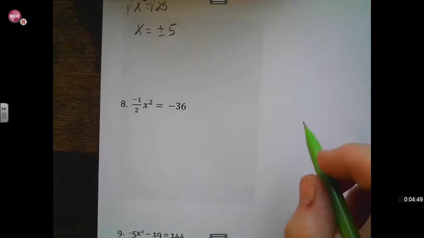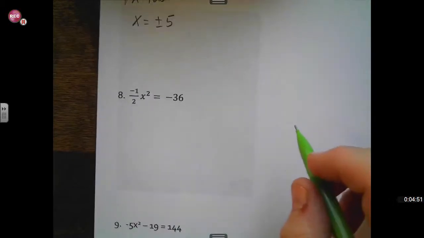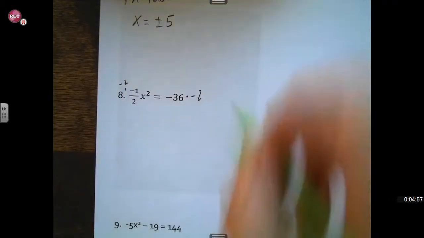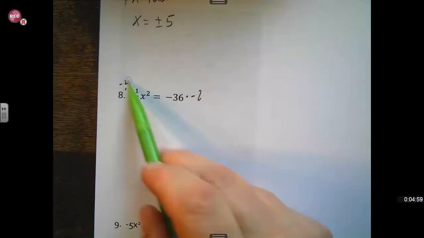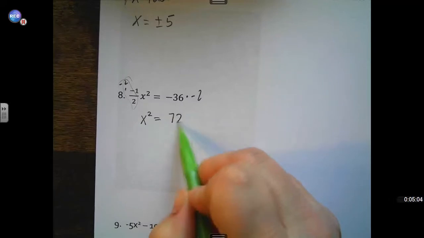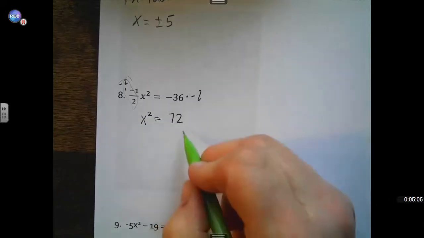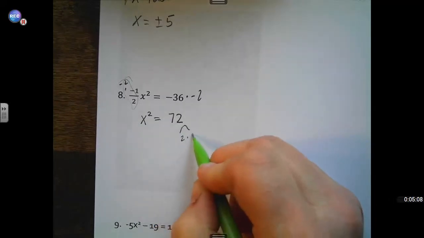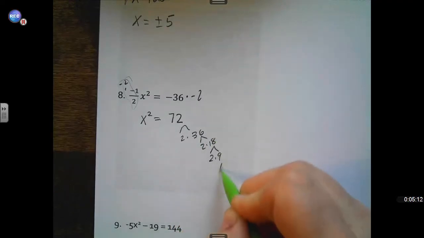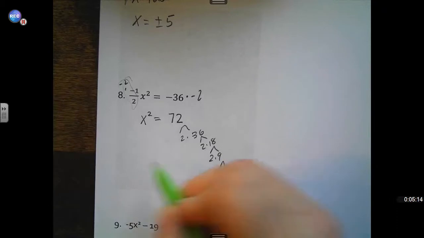Looks like here I need to multiply both sides by negative 2. If I multiply this by negative 2 and this by negative 2, it's going to cancel that fraction. I'll just have x squared equals 72. And 72 is 2 times 36, 2 times 18, 2 times 9, 3 times 3.